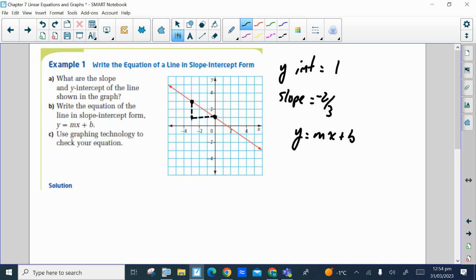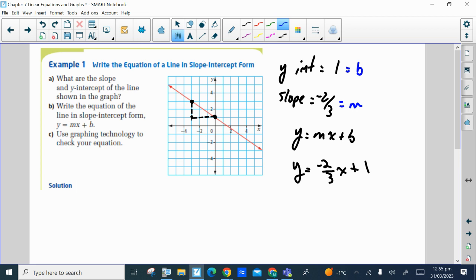Ava, can you help her? What will the equation look like? Like that? Gotta have the x. Because m is the slope and b is the y-intercept. That's what y equals mx plus b tells us.